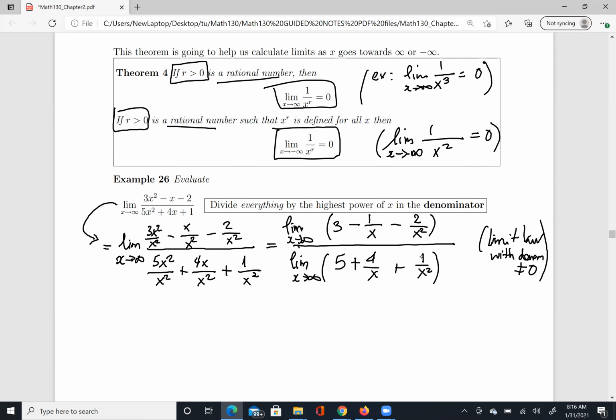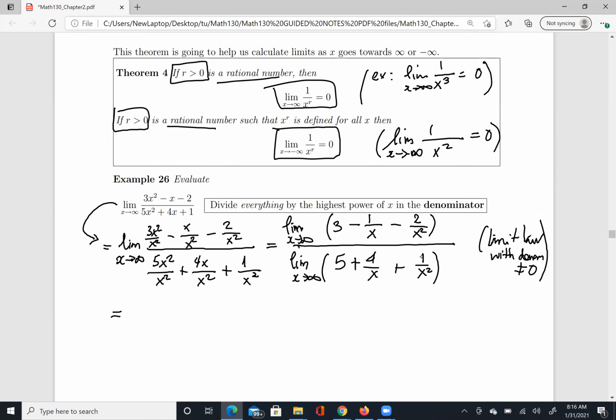You can apply the limit law for both top and bottom.